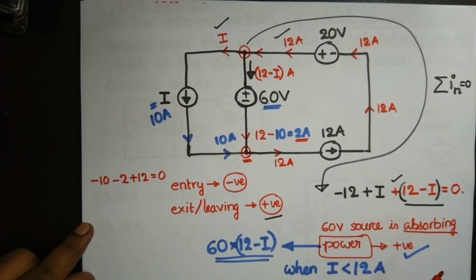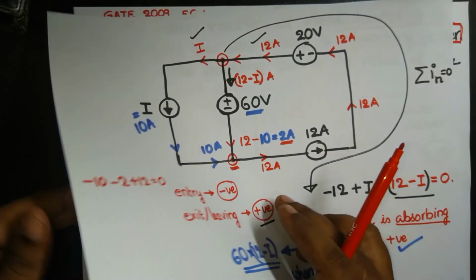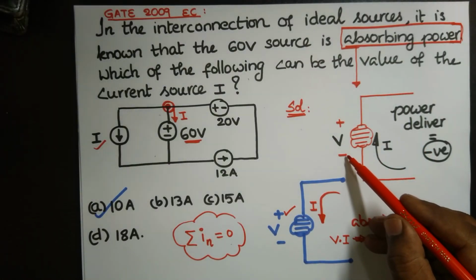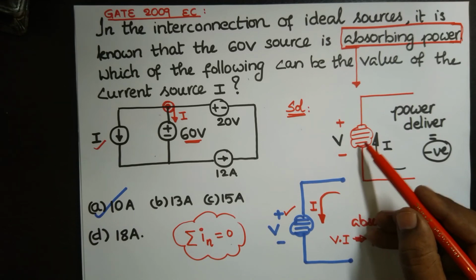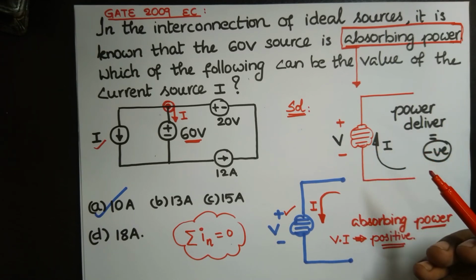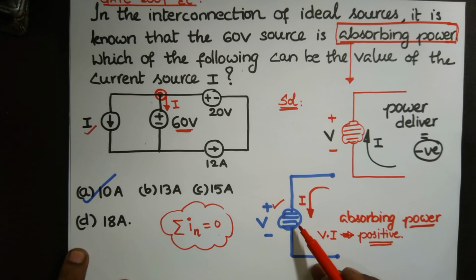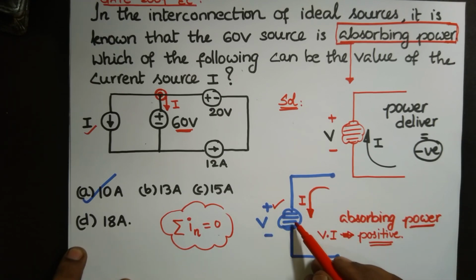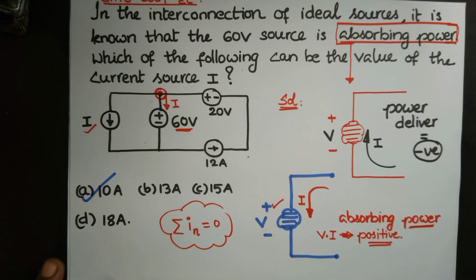It is very, very important: if current is entering at the negative terminal of an element, this element is going to deliver something. If current is entering at the positive terminal, this element is going to absorb something.